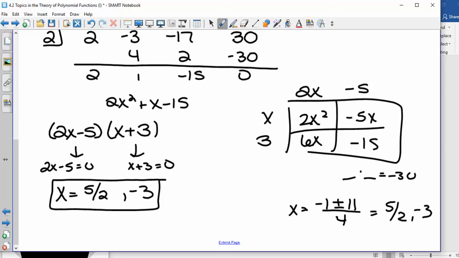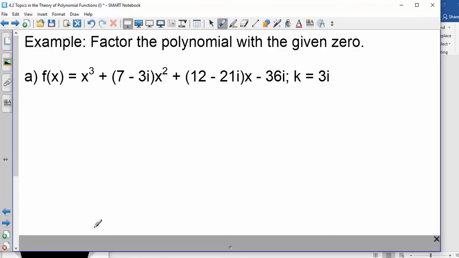I want to do one more problem and then I'm done. We're just going to do one of these. It's fairly ugly.